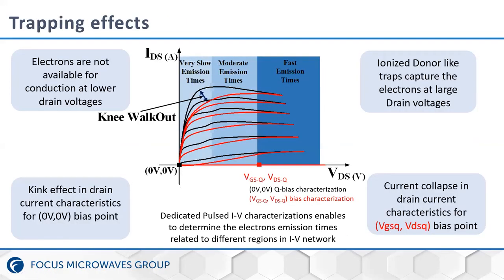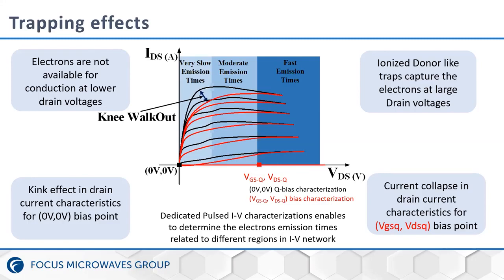Now, in the recent wide bandgap semiconductors, temperature is not the only physical characteristic that gives rise to dispersion effects within the devices. There is another effect called trapping effects, which is often related to malfunctioning of the materials.